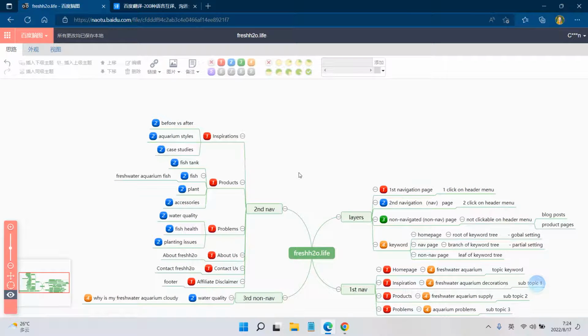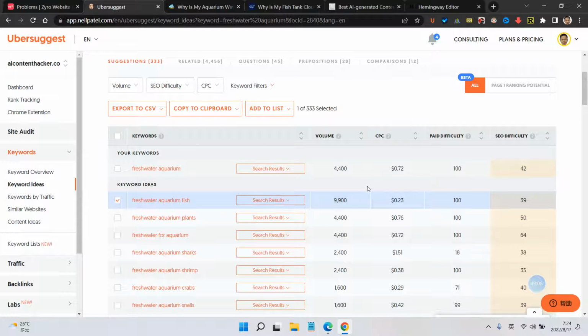Logically, you should put this freshwater aquarium as the homepage, and these pages will be subtopics. I mean, my idea is like this one, but other people may have a different opinion.